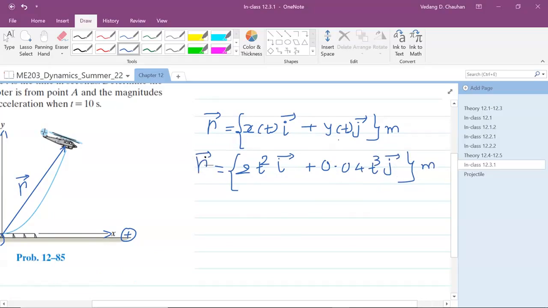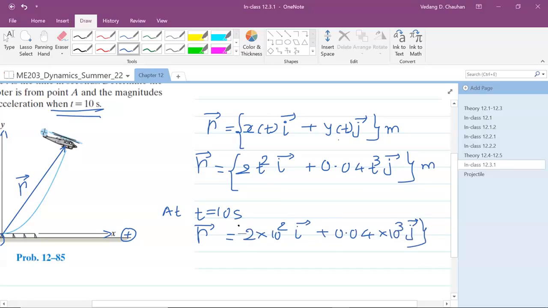And we need to calculate the position of the helicopter at 10 seconds. So at t equal to 10 seconds, r is just substituting t equal to 10: 2 multiplied by 10 squared i plus 0.04 multiplied by 10 cubed j. When you simplify it, this is 200i plus 40j.